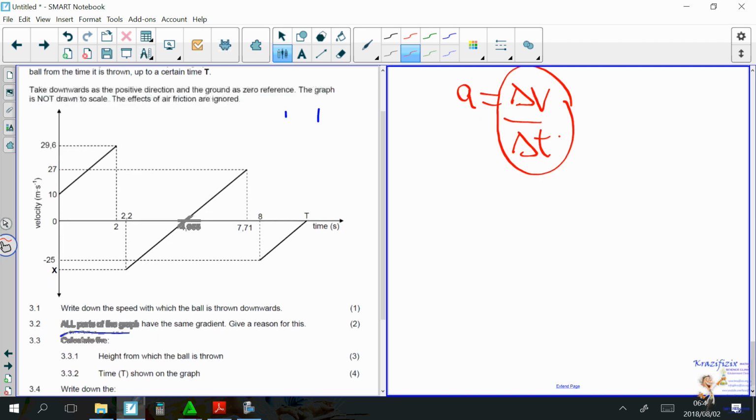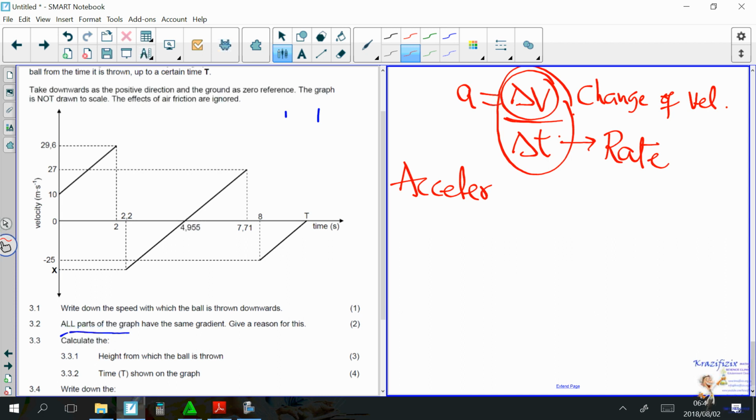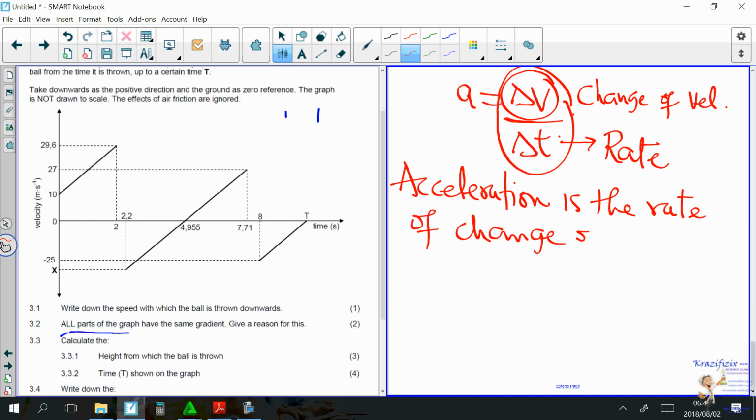So for this one, let me tell you something on how to define. Every time you divide by time, you can call it rate. All right? And what do we know here? This is change of velocity. So what is acceleration? If you forget your definitions, run to your formula page. Acceleration is the rate of change of velocity.